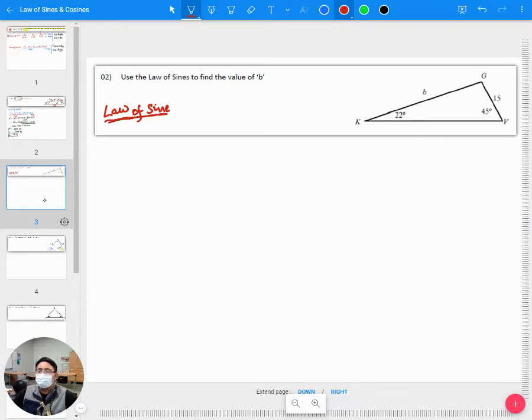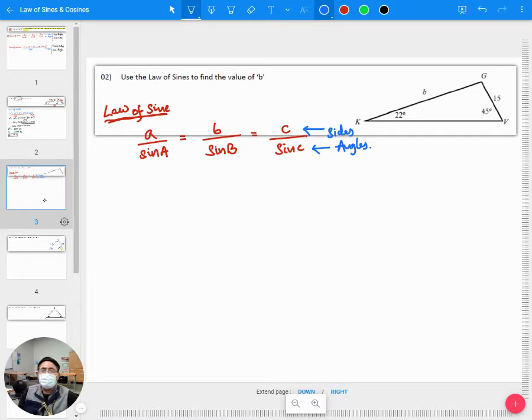So law of sines is a over sine A equals b over sine B equals c over sine C. Don't forget all these numerator values represent the sides and the denominator values represent the angles.